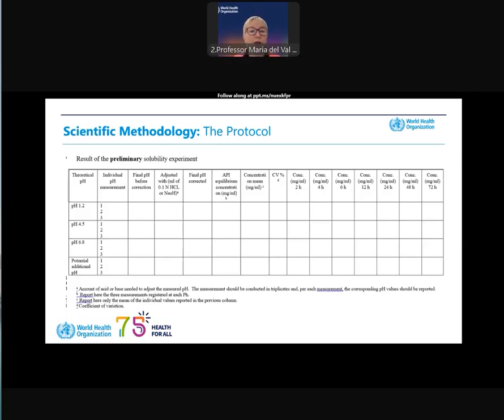As you can see here, for the preliminary solubility experiments, we have the initial pH, the final pH after correction, the amount of acid or base that you needed to adjust the pH, the final API concentration, the mean of the 3 replicates, the coefficient of variation in order to ensure that the variability is acceptable, and the concentrations at the different sampling times, up to 72 hours, in order to determine the time to equilibrium.